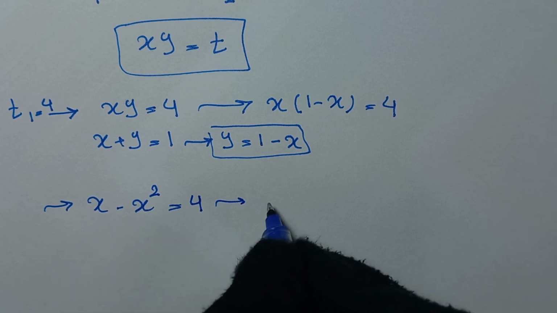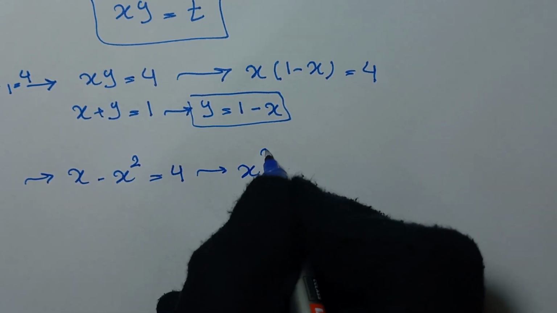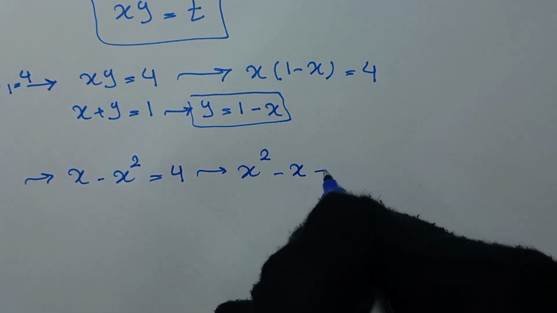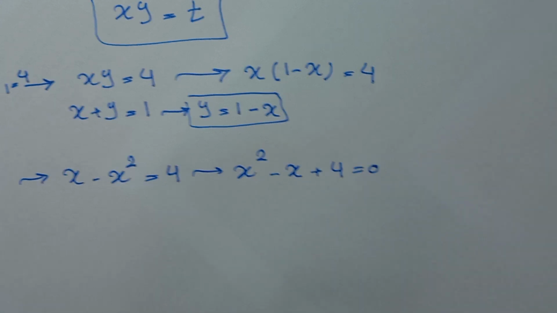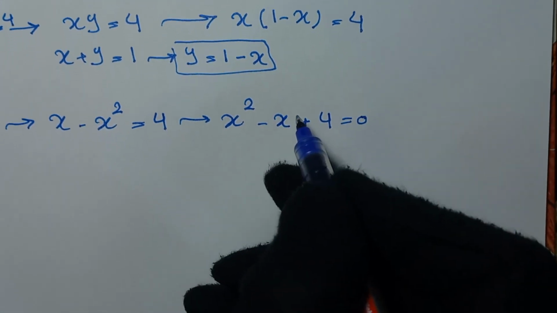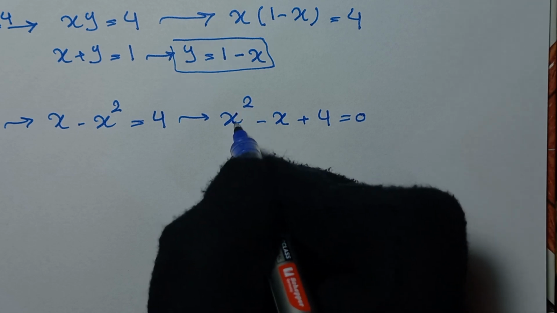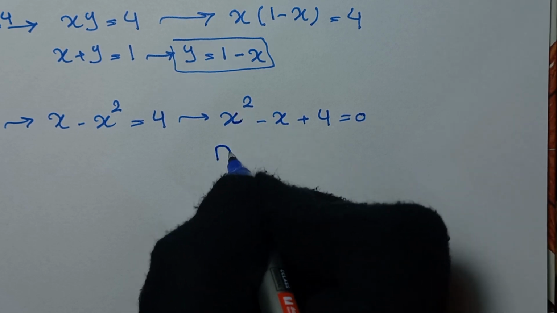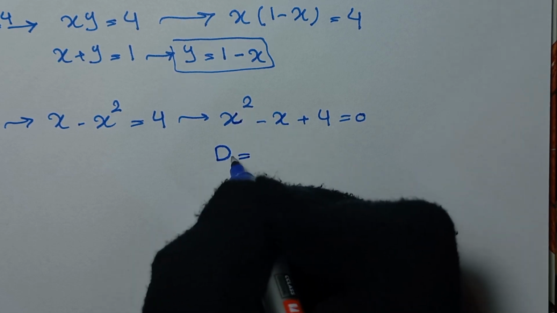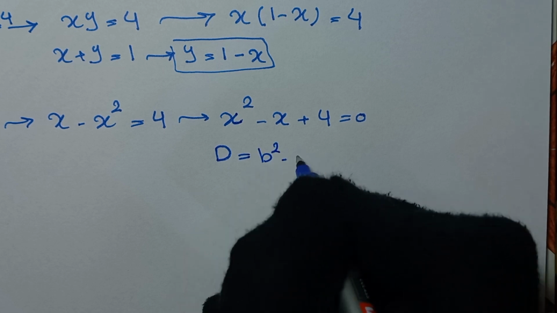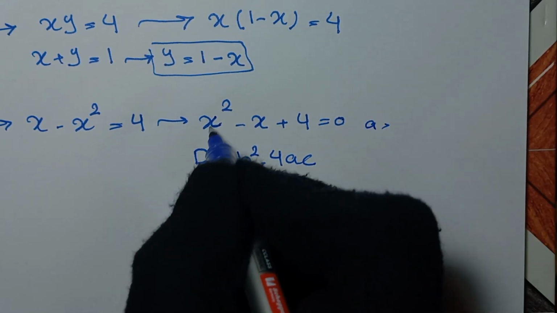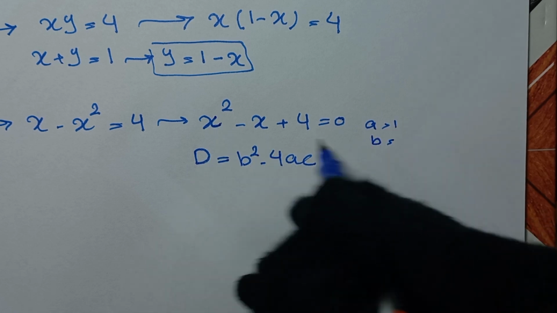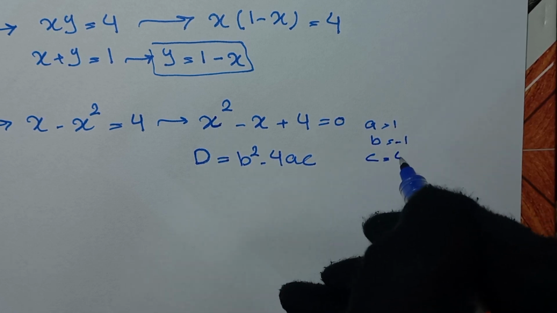And we move these two parts to this side, and it will be x squared minus x plus 4 is equal to 0. And here we have a quadratic equation, and in here if we write the discriminant formula, which is discriminant is b squared minus 4ac, and a, the coefficient of x squared, is 1, and b, the coefficient of x, is negative 1, and c, the constant, is 4.